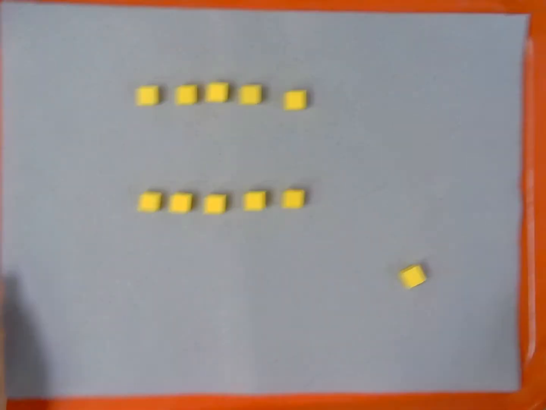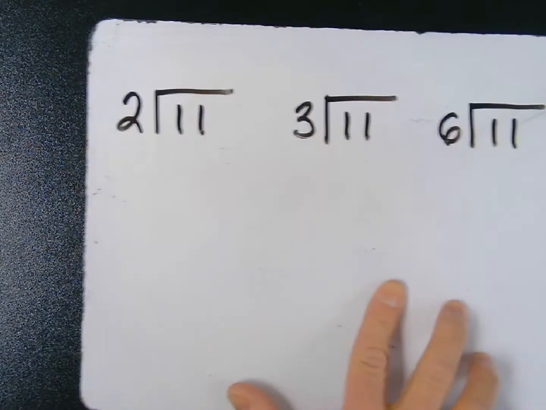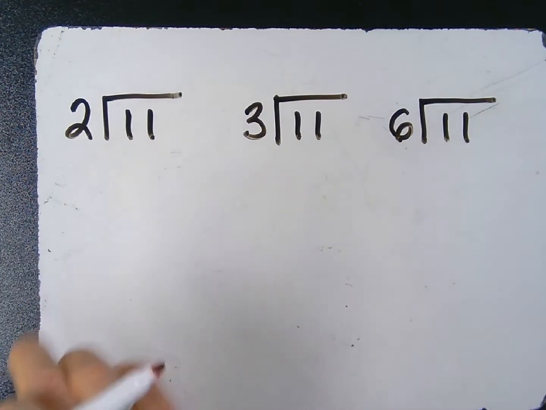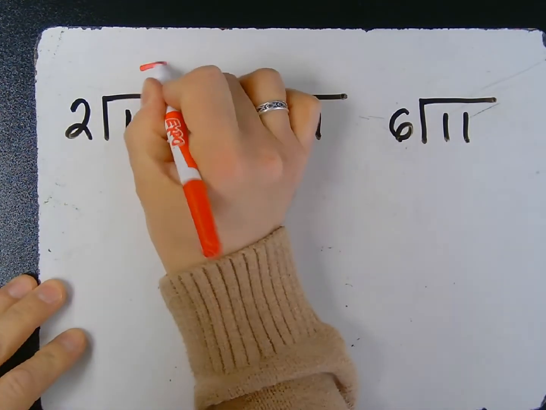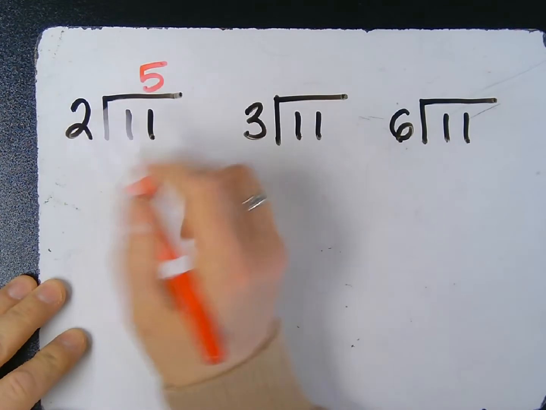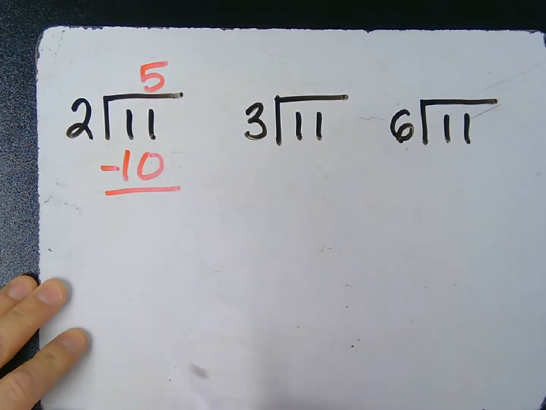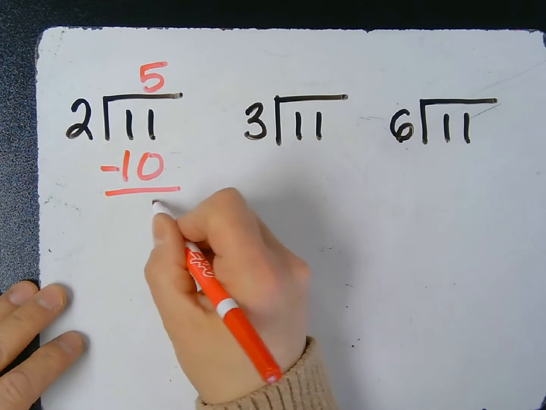So when I divide 11 into two groups, the best I can do is put 5 in each group, because 5 times 2 gives me 10, and what I'm left over is 1.